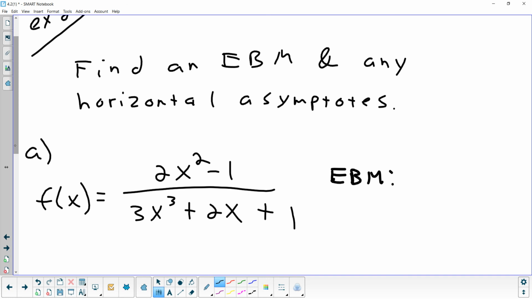Ethan? 2x squared. Okay, that's what we did last week, right? Finding the EBM of a polynomial. So that's the EBM of the top. And Chris, what about the EBM of the bottom? 3x to the third.